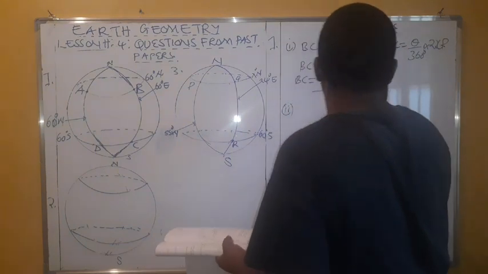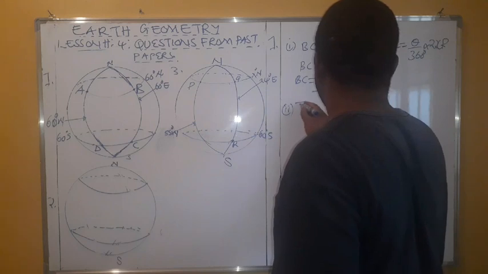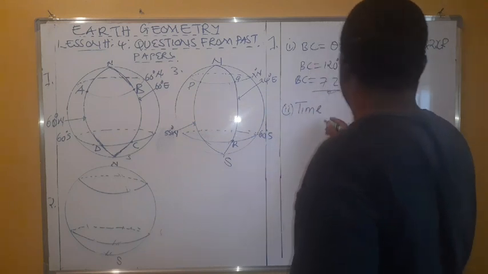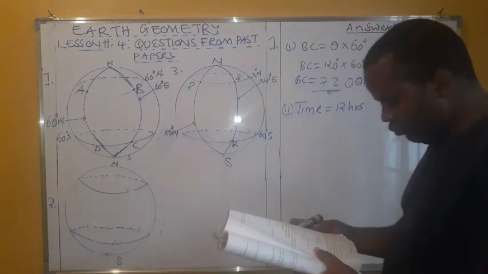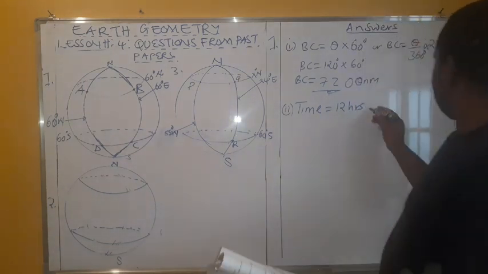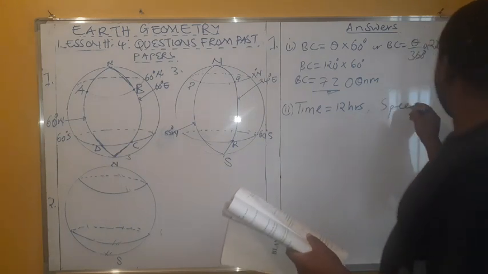Let me write something that is very visible: time is equal to 12 hours. The question is, what is the speed? So we want speed now.